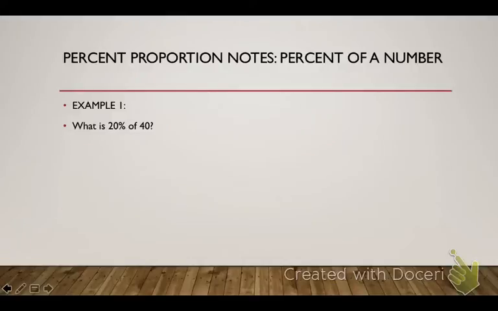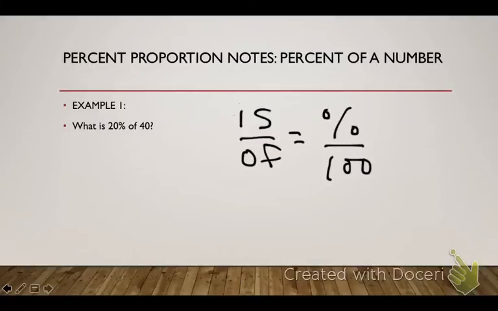Now using the idea of is, of, we want to solve this problem. So we want to write is over of equals percent over 100. Alright, so when I read what is 20% of 40, I look at it and say, okay, my is is what we're looking for.